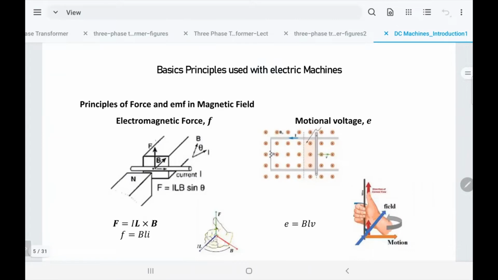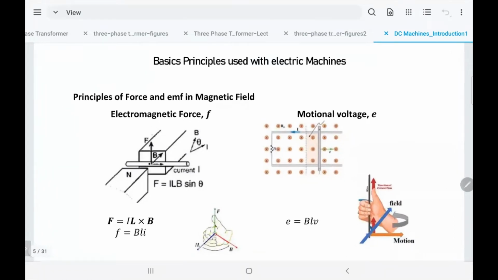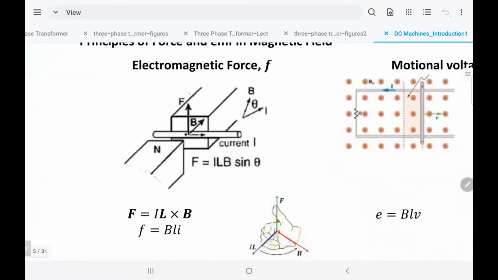So how is the electromagnetic force F produced? You have a conductor, and there is current flowing in this direction as shown in the figure, and then you have flux density or magnetic field directed from the north to the south pole.